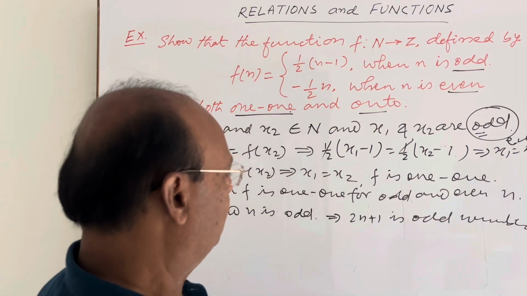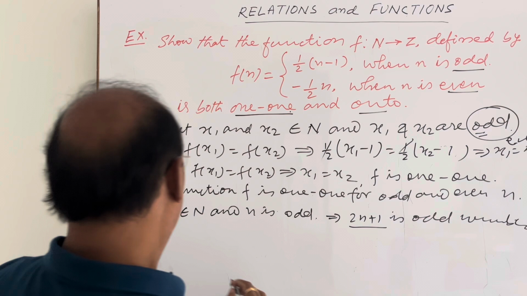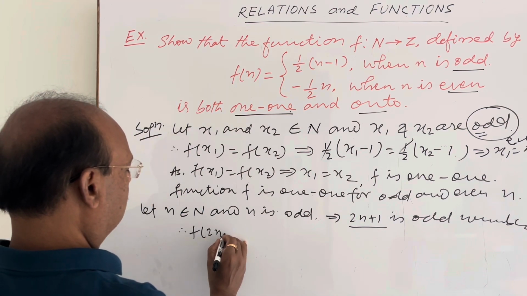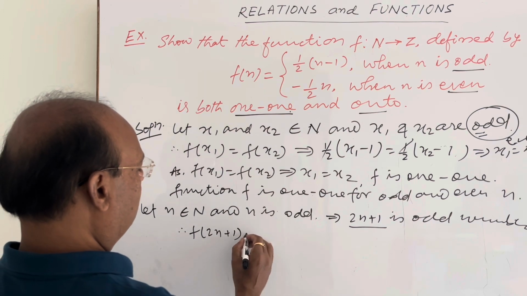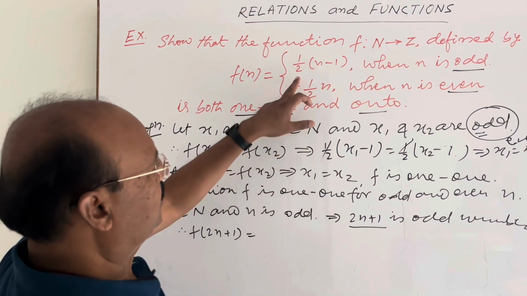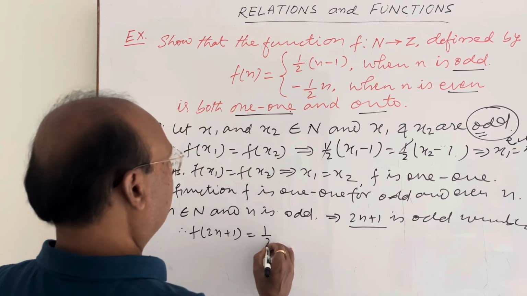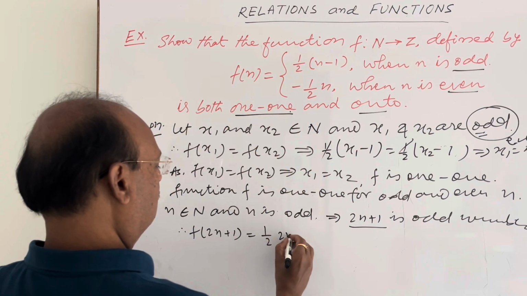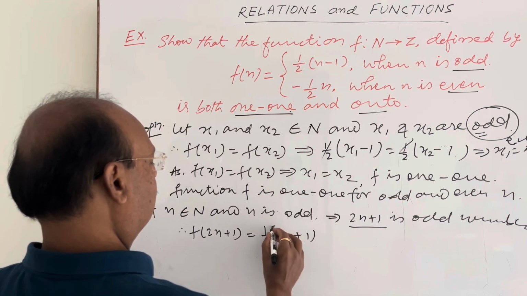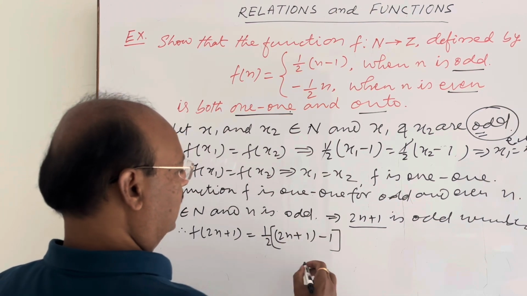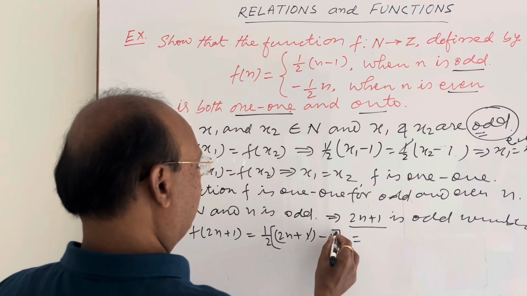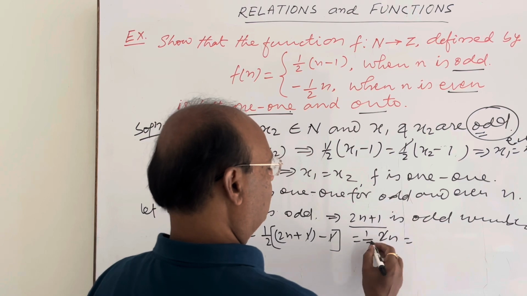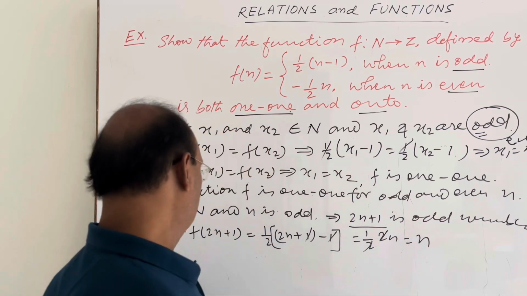So f(2n plus 1), using this definition, is half of (2n plus 1 minus 1). Plus 1 minus 1 cancels out, so this is half of 2n, and the 2 cancels out. This is equal to n.